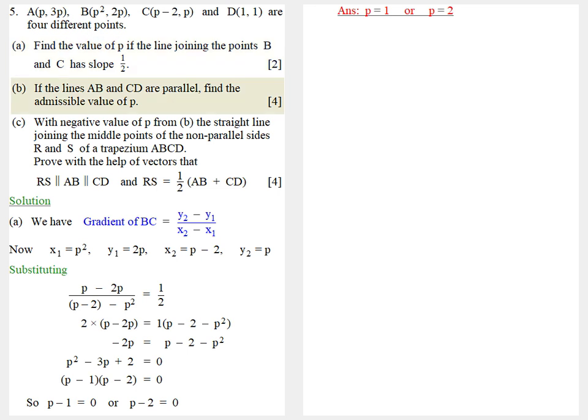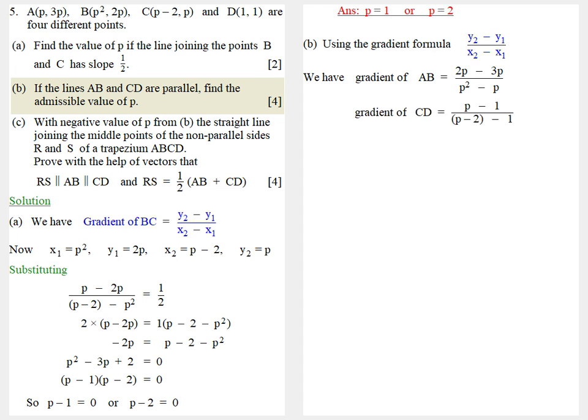In part B, we're asked if the lines AB and CD are parallel, find the admissible value of p. In part B, we're going to use the same gradient formula as we did before. So we have the gradient of AB is (2p minus 3p) over (p squared minus p).